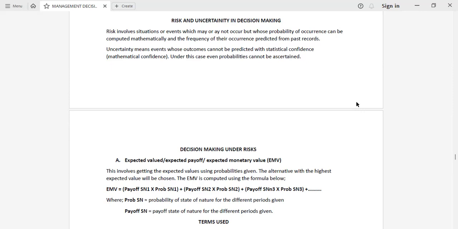Because if it is their first match and they have never met before, there is no way you are going to make the comparison so that you can make an informed decision. So if that happens, it means we are under uncertainty, because we don't have any percentages or probabilities that we can use, and we don't actually have the past records.